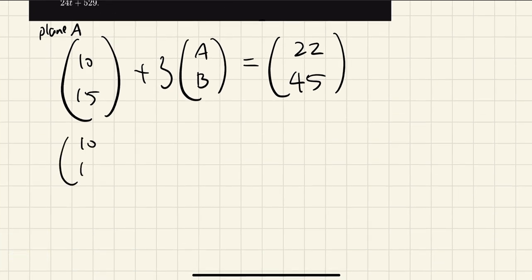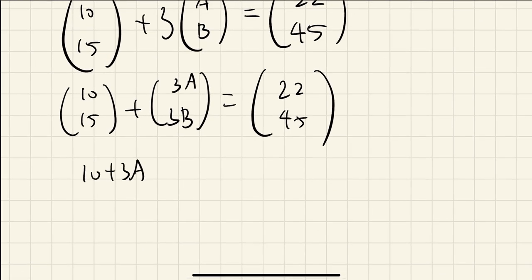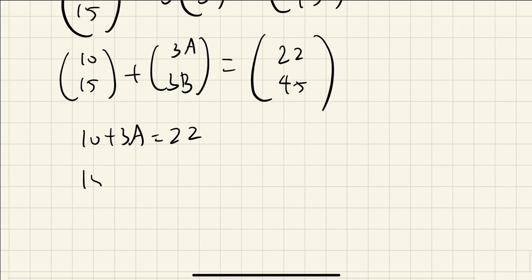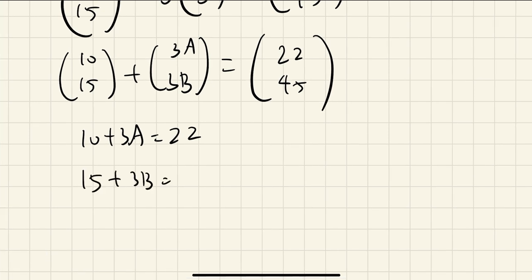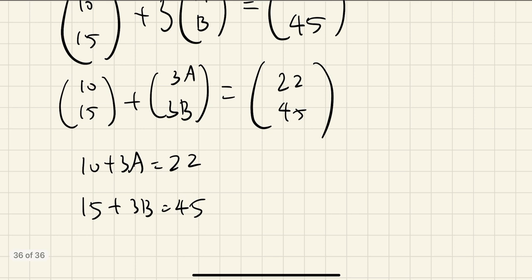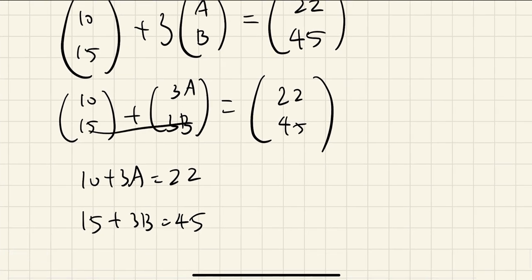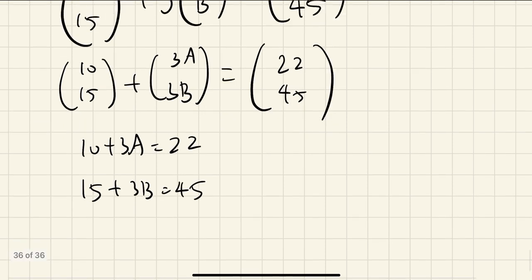So 10, 15 plus 3a, 3b, where I'm using a and b to represent the unknown velocity vector, equals 22, 45. 10 plus 3a equals 22, and 15 plus 3b equals 45. It's really simple algebra: x equals x, y equals y.